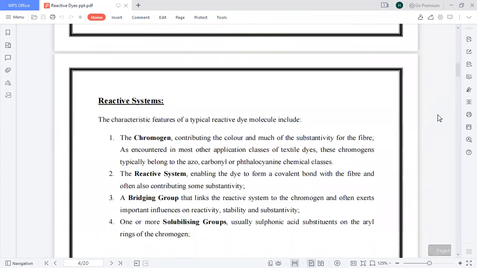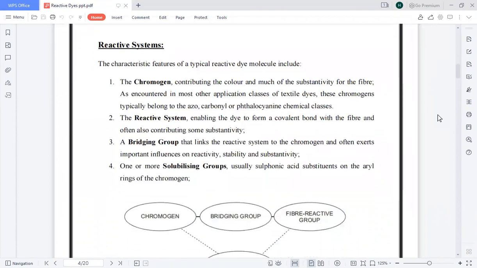So moving toward the next topic, that is the reactive systems. The characteristic features of a typical reactive dye molecule include, first, the chromogen that contributes the color to the dye, and much of the substantivity for the fiber, as encountered in most other application classes of textile dyes.